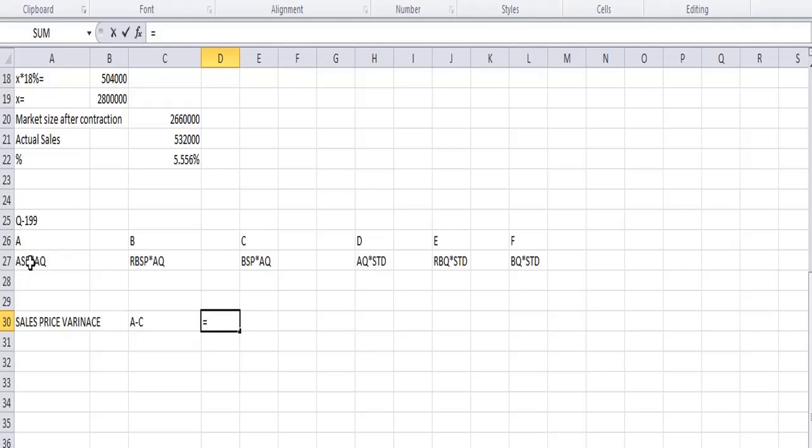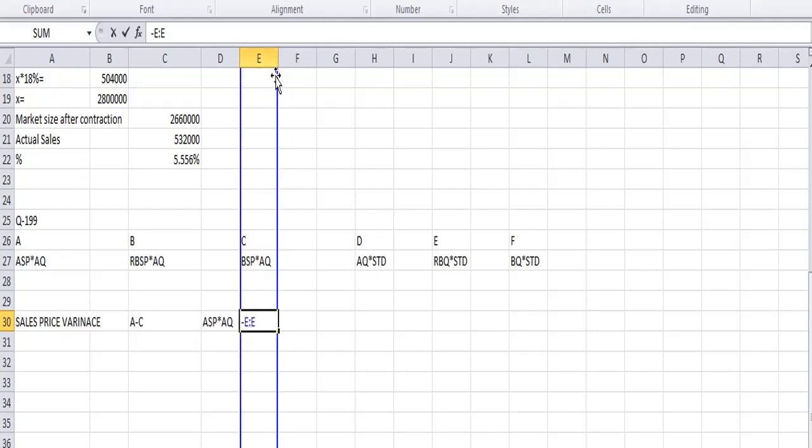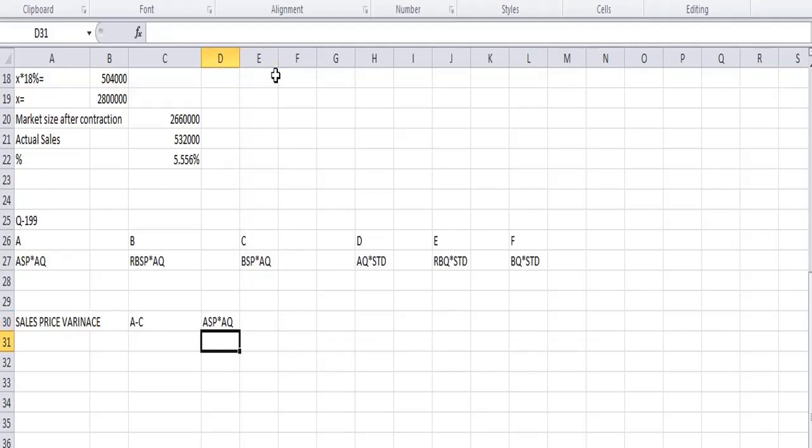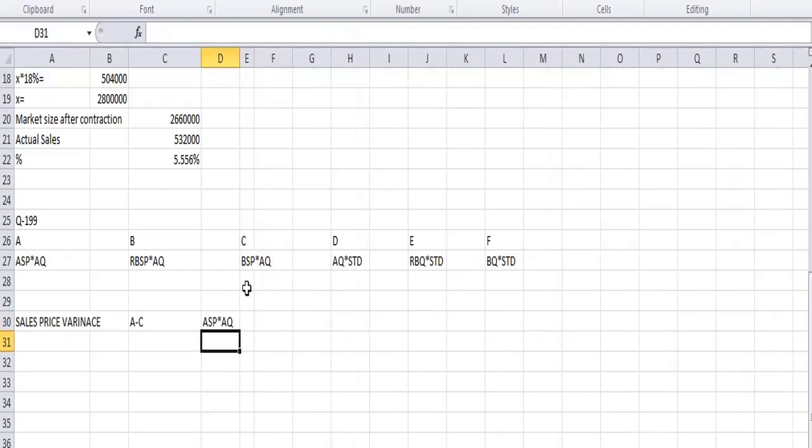A is ASP into AQ, minus C. C is our BSP into AQ, and taking out the common between these two, which is AQ, we will get actual selling price minus budgeted selling price. So this is our sales price variance.